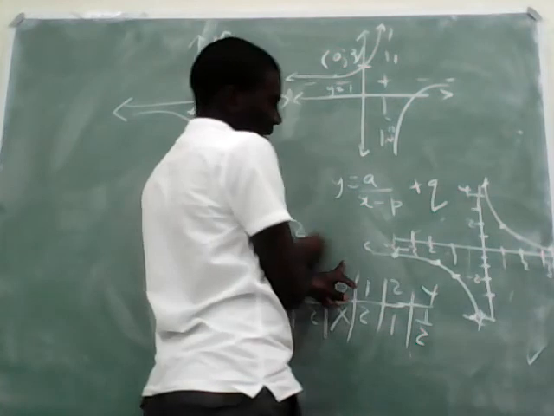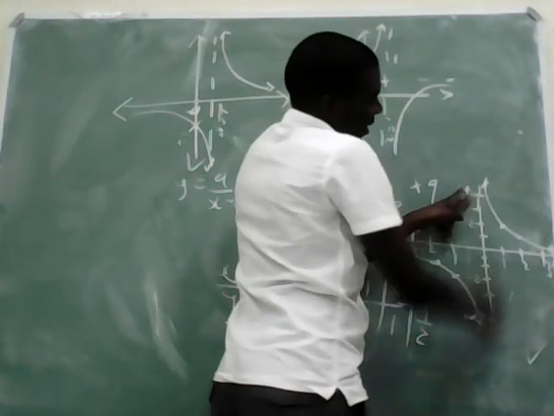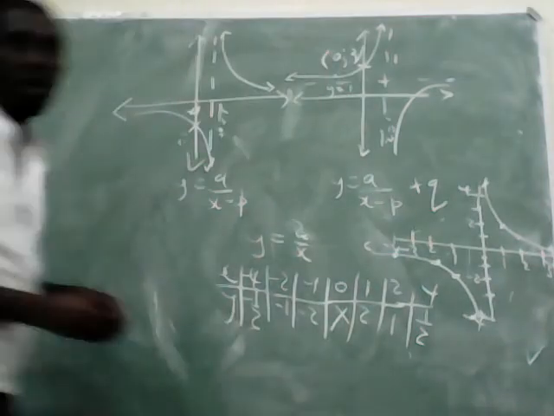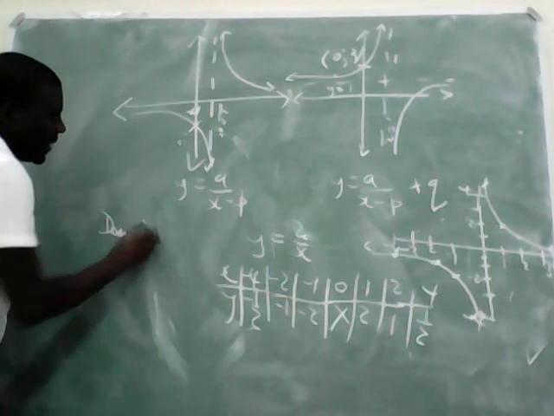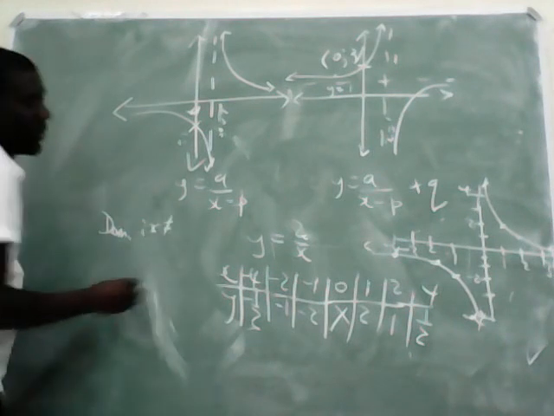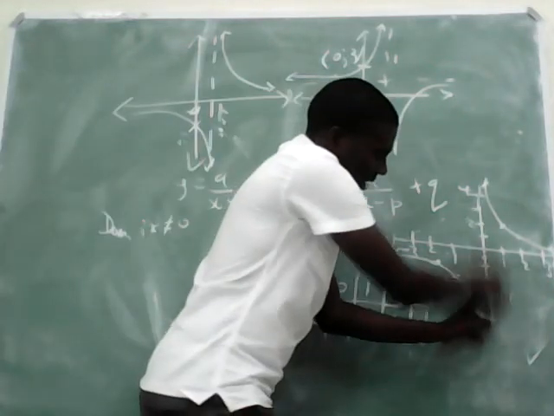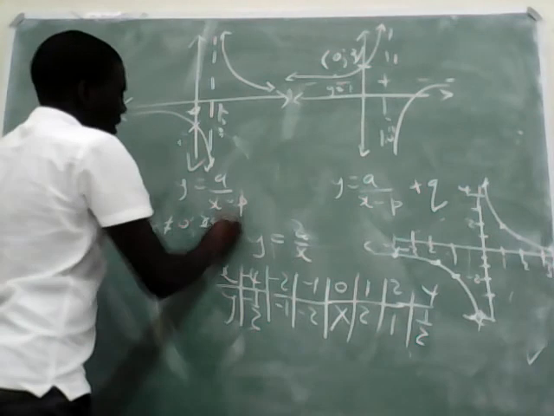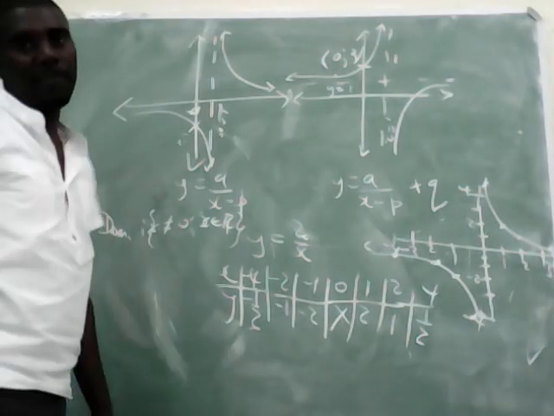The graph spreads to both sides, but it cannot touch the y-axis. So the domain is given by x must not be equal to 0, because it keeps on approaching 0 but can never reach it. But all other real values for x satisfy the function.